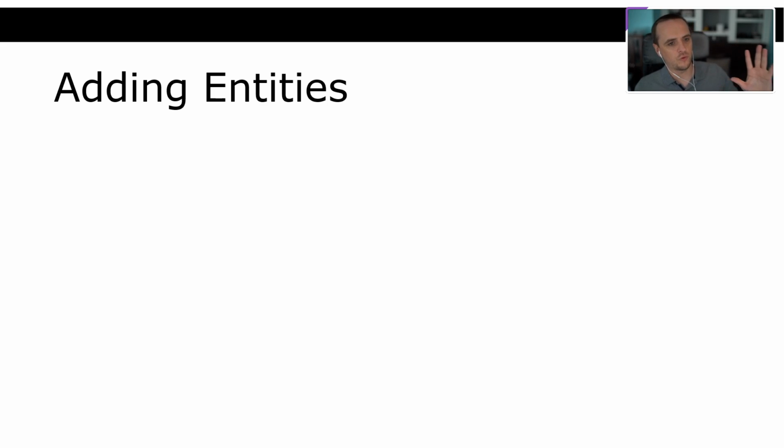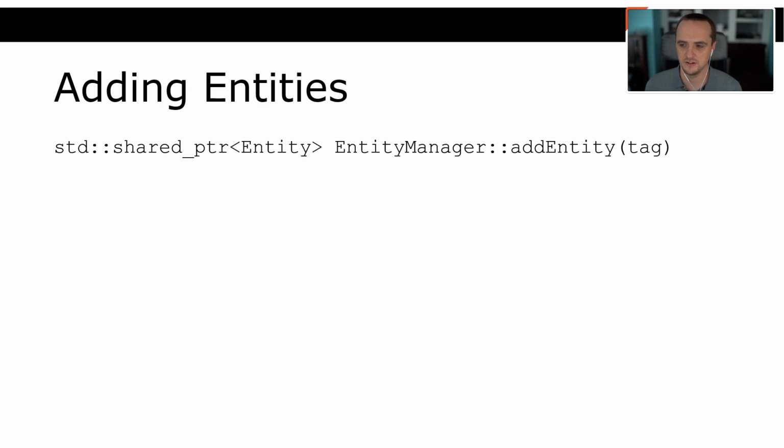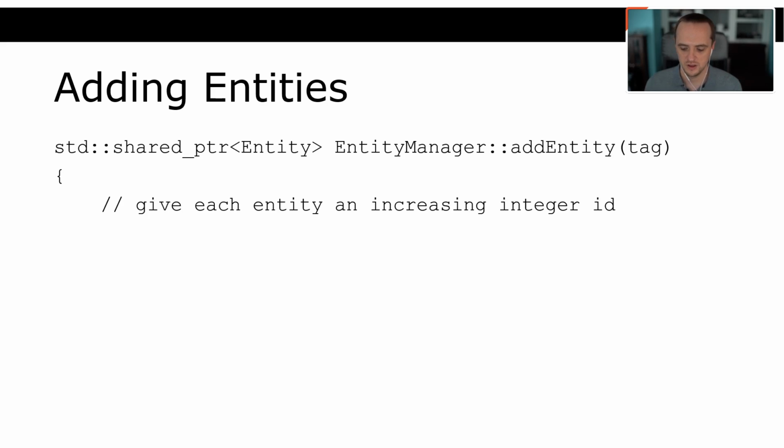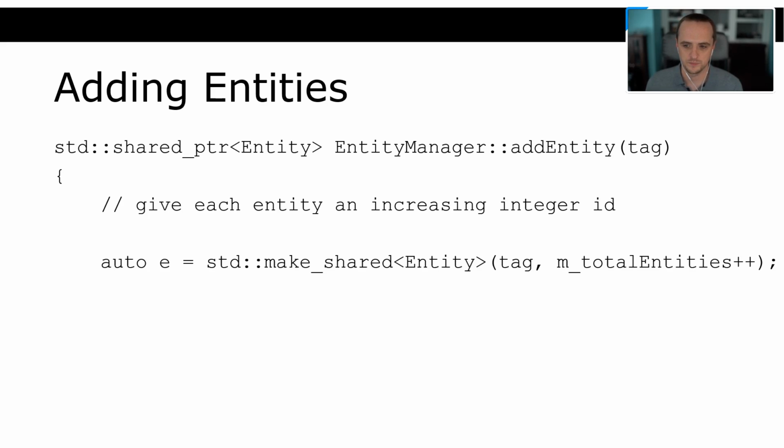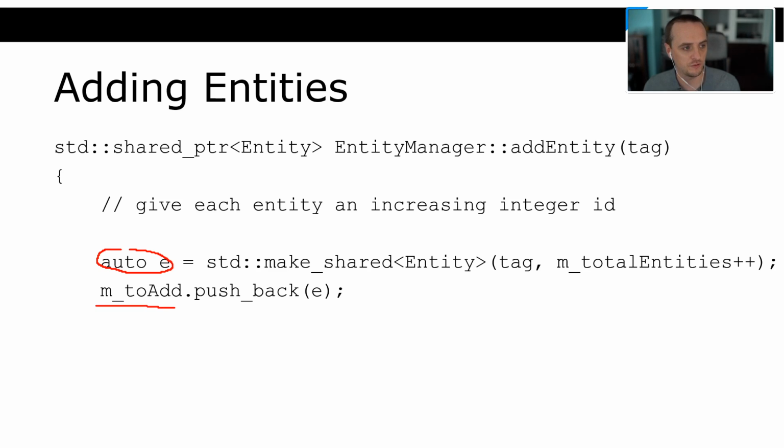So before we had one way of adding the entities, and now we're going to have a slightly new way of adding the entities. So this now becomes the add entity function. Here we're going to say auto e equals std::make_shared Entity with the tag. So this is the same, right? But instead of immediately adding this to the vector of all entities and the map, we're just going to add it to the toAdd vector. So this is our buffer.